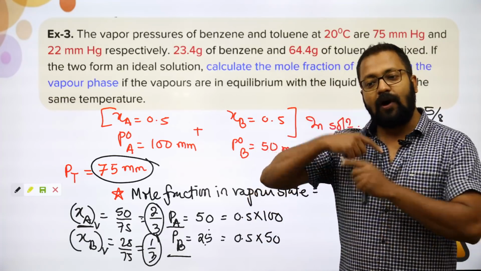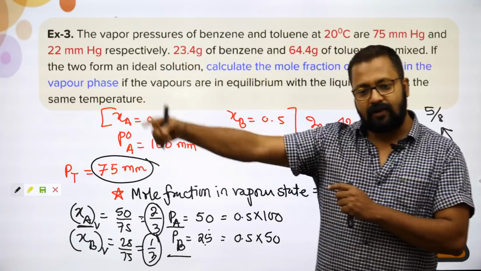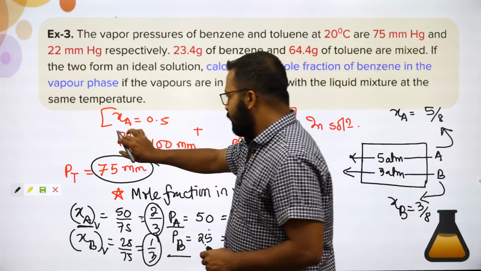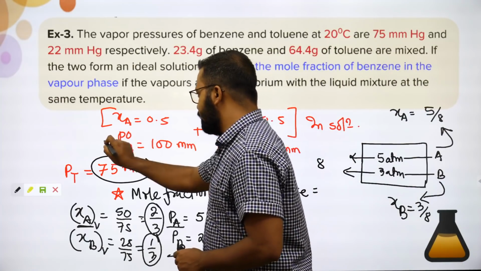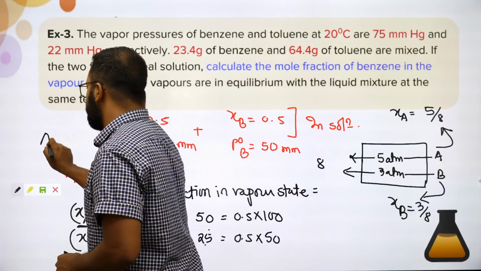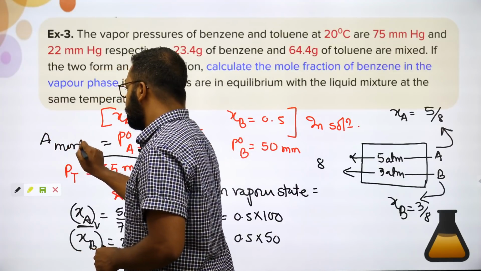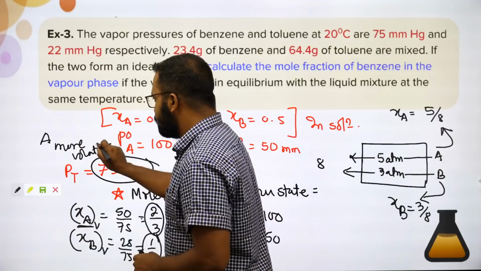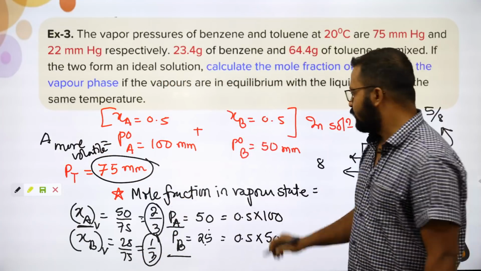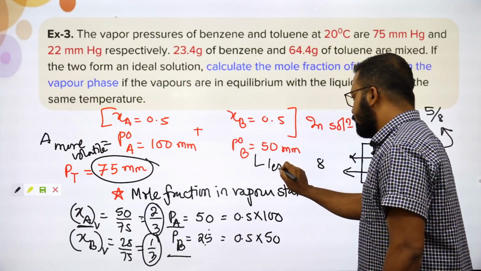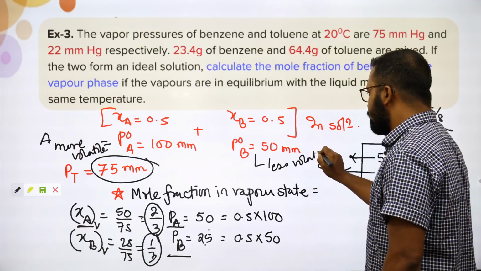Now, let's do a reverse thinking. Let's go back a little. Vapor pressure of A is 100. That means A is more volatile. B is less volatile.